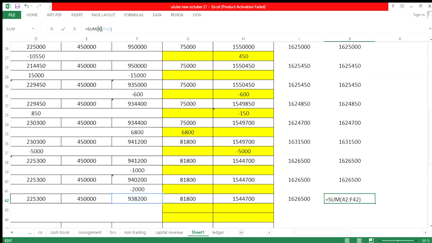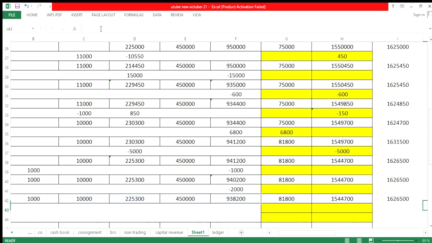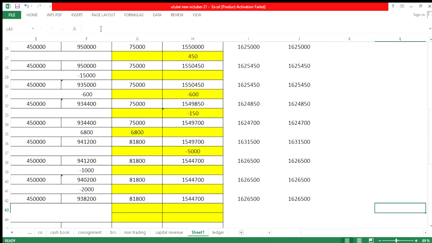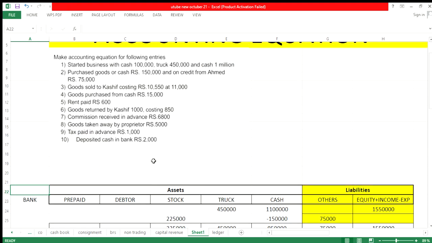Let's take some again. Since we have added new column, it's better to enter again. So last column total was left 1626500. Entry is completed. Over here, this was your last entry.